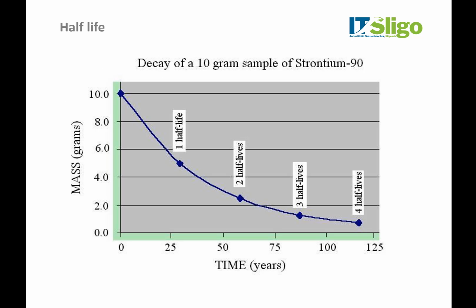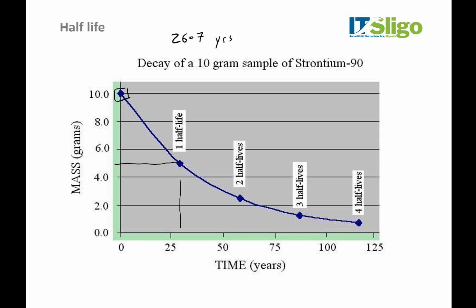Here's just another example of the same thing shown on a graph. The half-life of strontium-90, I think it's about 26.7 years, or 5 years, something like that. So here, say if we started with 10 grams of strontium-90, after 26.7 years there'd be only 5 grams left.